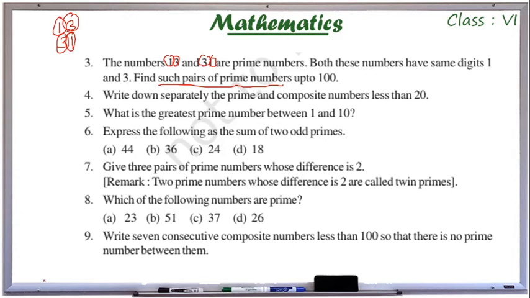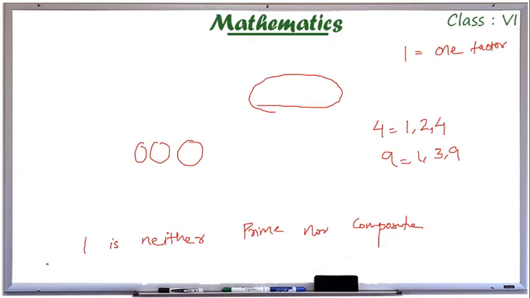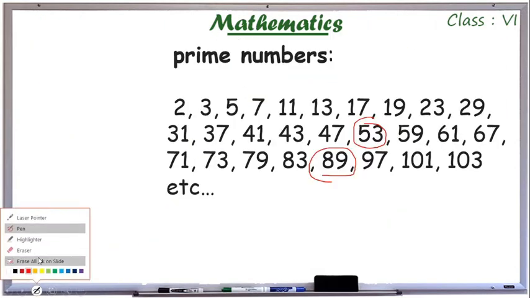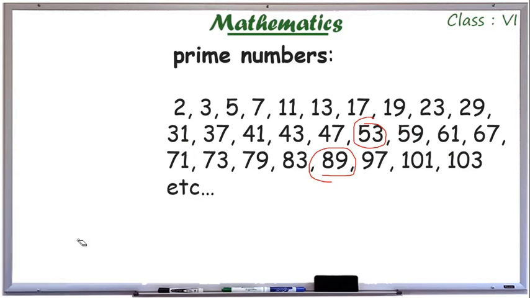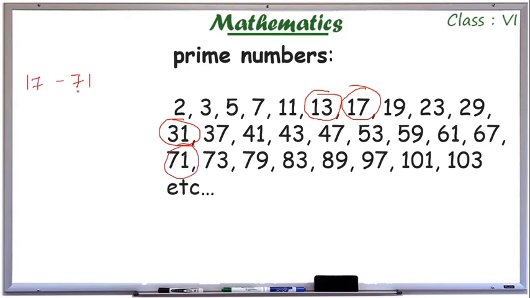So we have to go to the table. So this is the table of prime numbers. I have to note, for example, 13 and 31, the same digits used, and 17 and 71, only the same digits are used.